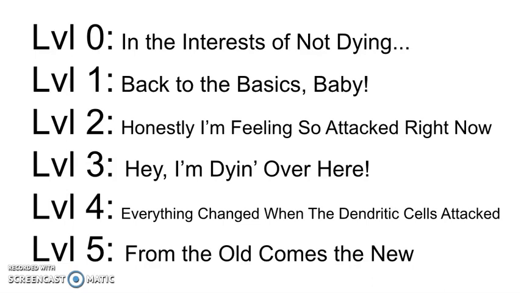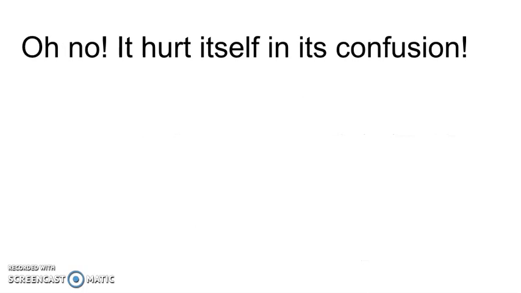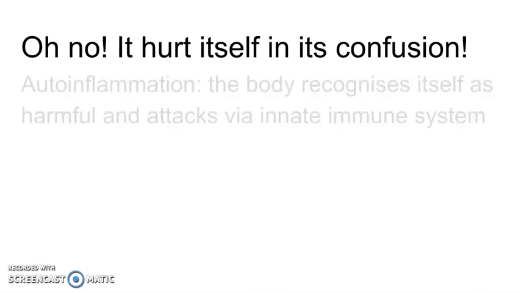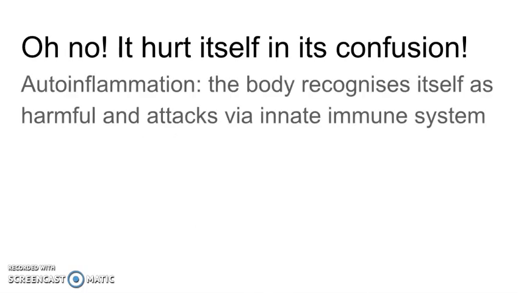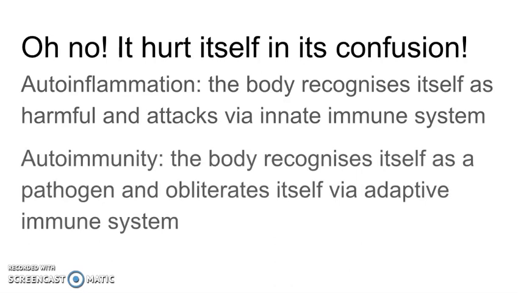Quick refresher here, if this is necessary for you to take stuff away from this level. What is autoinflammation and autoimmunity? Autoinflammation is when the body recognizes itself as harmful and attacks via the innate immune system. In autoimmunity, the body recognizes itself as a pathogen and obliterates itself via your adaptive immune system.